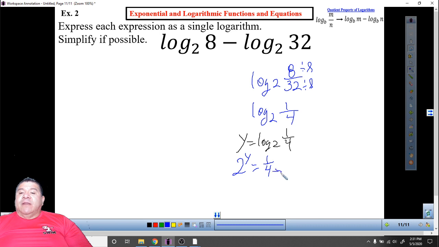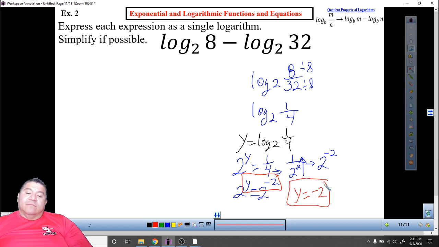This will be written as 1/2 to the what? To the second power. However, this is in the denominator. Where do we need to send it? To the numerator. So this becomes 2 to the -2. So now we rewrite this. 2 to the y equals 2 to the -2. And with that said, y equals -2.